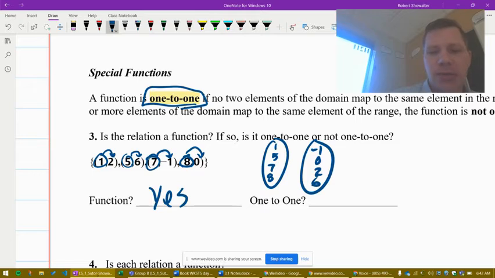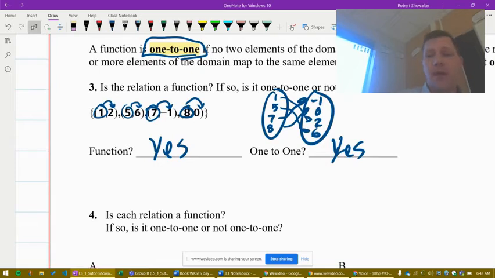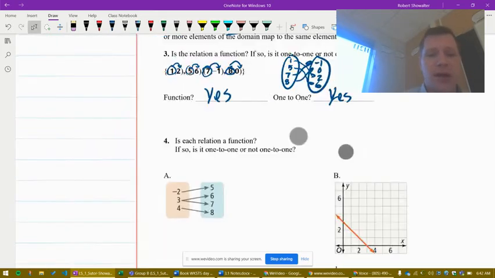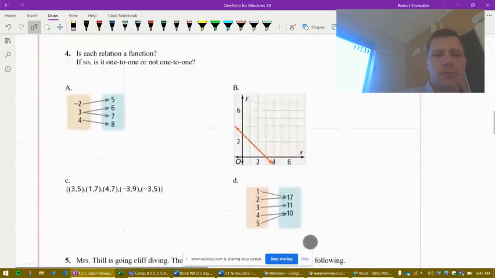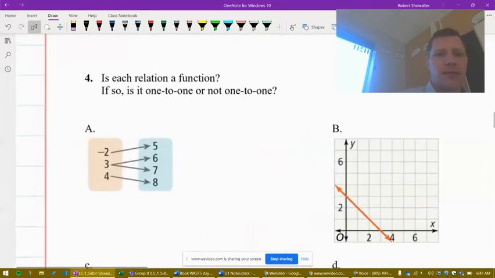Do these guys only go to one of these guys? And both are not doubled up. So 1 to 2, good. 5 to 6, good. 7 to -1, good. 8 to 0, good. So yes, it is one-to-one, meaning one x value goes to one y value and nothing more. Let's continue. Are these functions?